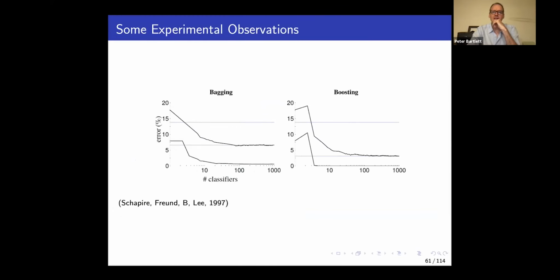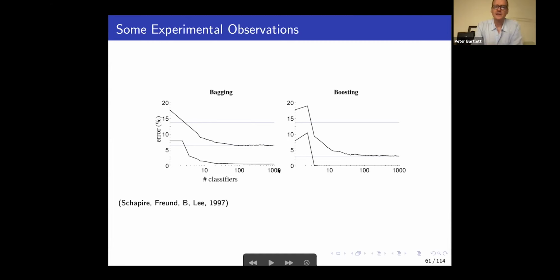I guess you can think of AdaBoost as producing a two-layer neural network. It's producing a combination of classifiers from some class. If that base class is something like a decision stump or a linear threshold unit, then you really are producing a two-layer neural network. It does it in a sequential way.